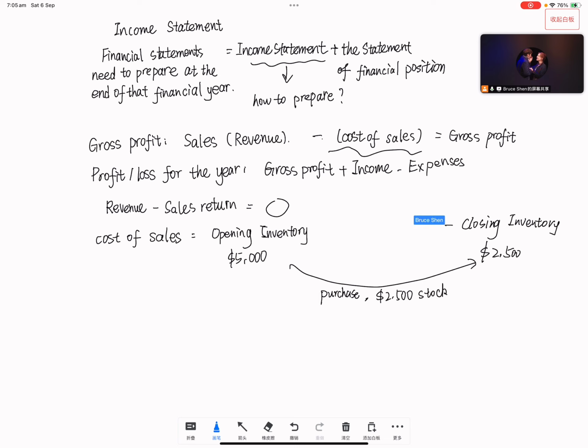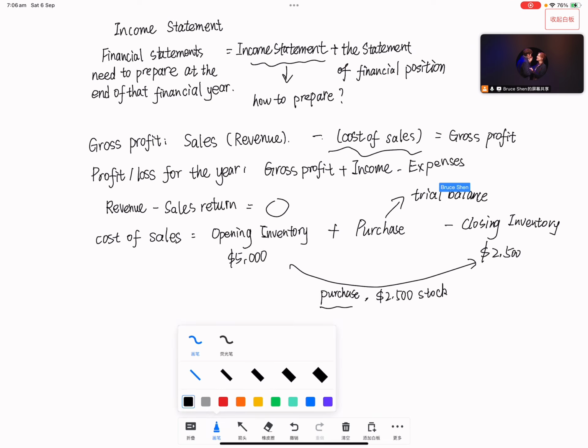But of course, as I mentioned, there is also purchases. And you may say purchases isn't that straightforward. All figures here are from the trial balance.